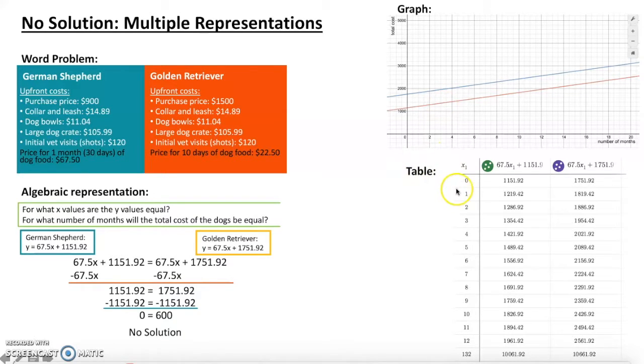We looked at the tables, and again, we noted that they're never going to have the same y values because they're always going to be separated by $600. So we looked at these different forms, and hopefully that gives students a better understanding, a whole understanding of what it means for a set of equations to have no solution.